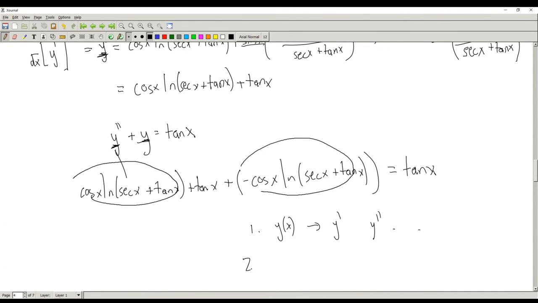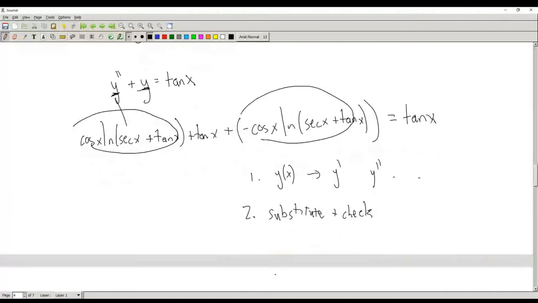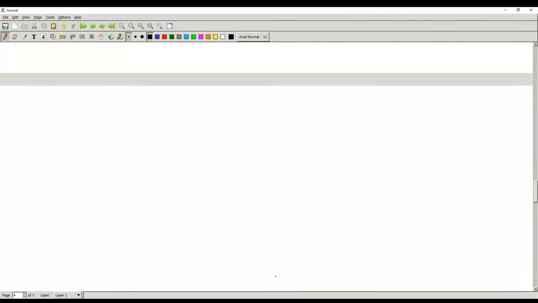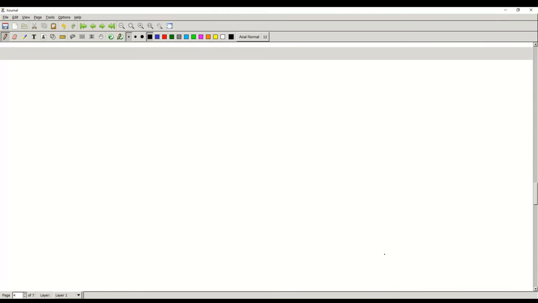Your second step is substitute and check. You may well get a question where you are asked to verify and you come out with tan x equals negative tan x. You'll then know that when you're trying to verify, it's not true. So don't always assume that it is true. Do bear that in mind.